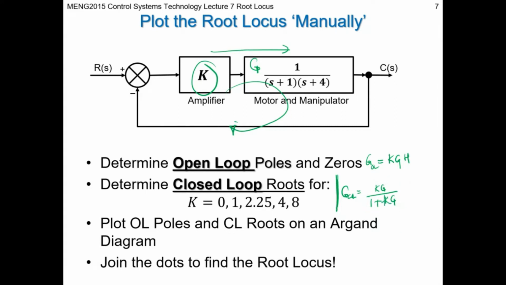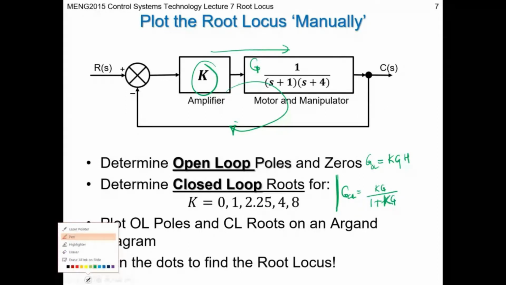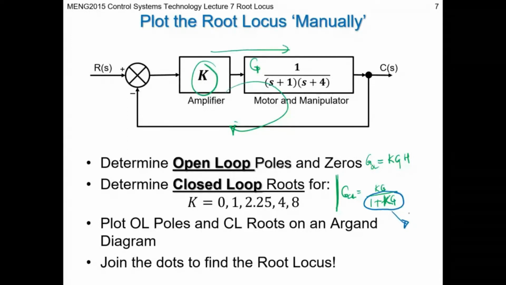And you can see k is a factor in the denominator. Now, just to underscore, the closed loop roots are the roots of the denominator of the closed loop transfer function, and that is also, remember, 1 plus KGH equals 0, our characteristic equation. So we have linked the closed loop roots and their movement to the change in our characteristic equation as k changes.